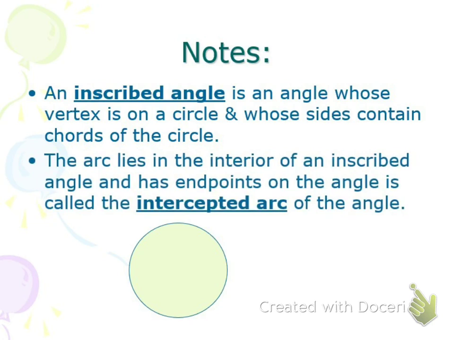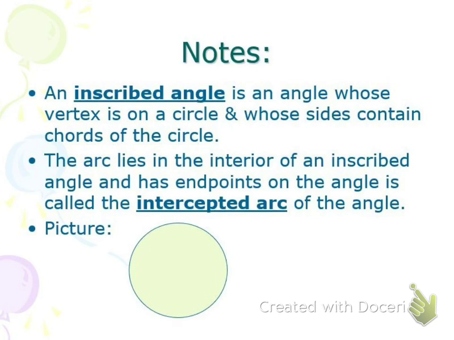An inscribed angle is an angle whose vertex is on a circle and whose sides contain chords of the circle. So if we're drawing that in our picture here, it really can look almost like anything.